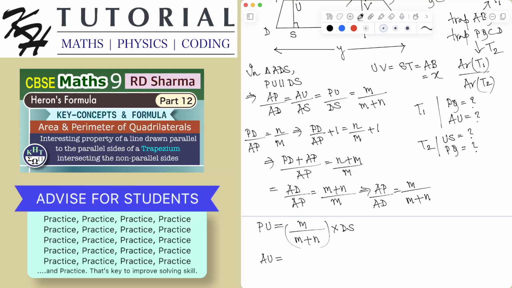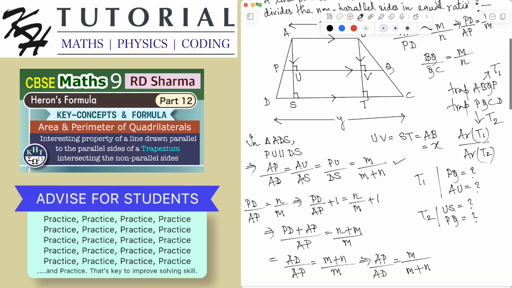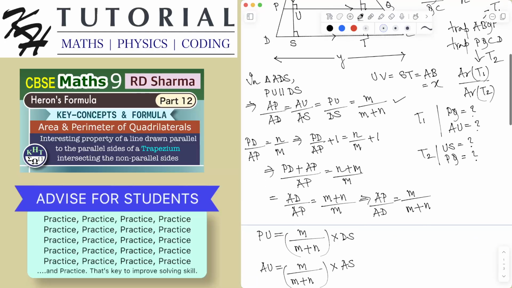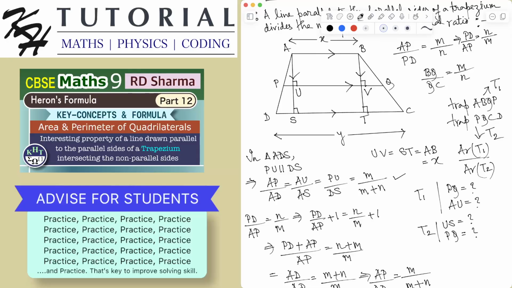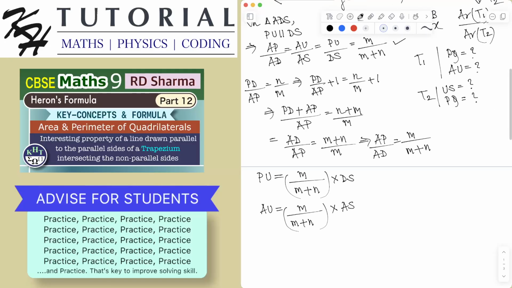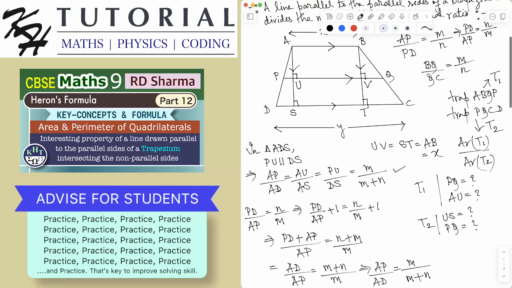From this relation, AU will be equal to, similarly, M by M plus N multiplied by AS.